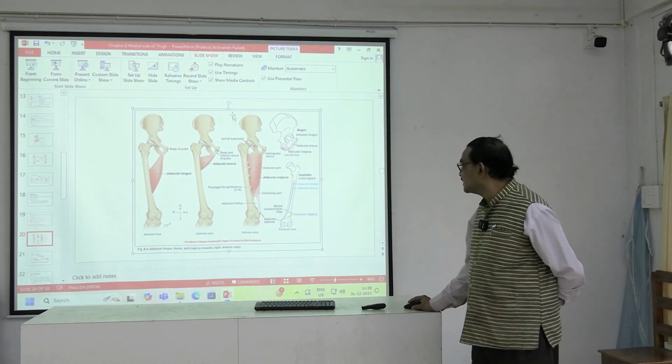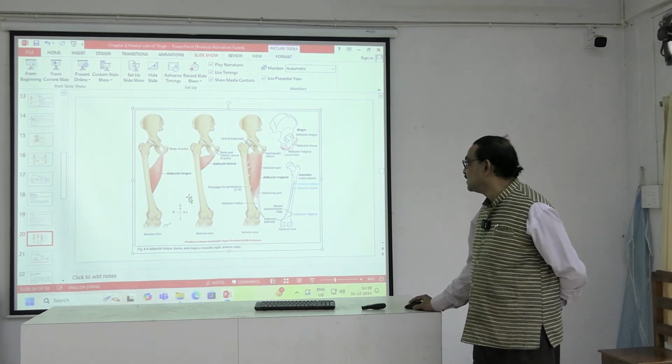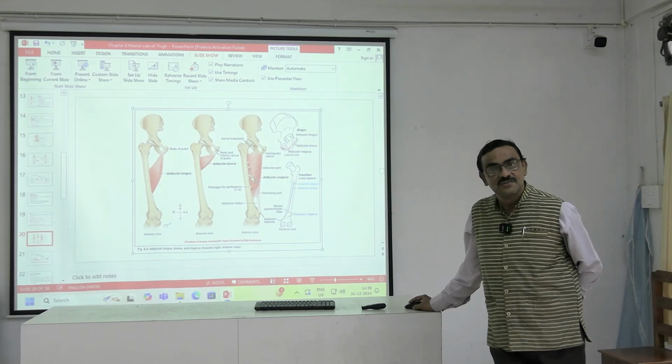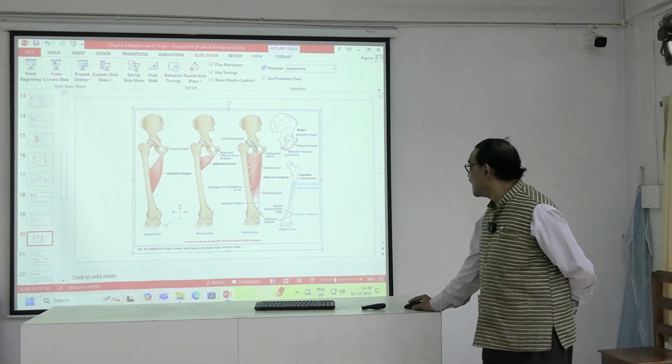If it contracts, what will happen? It will go towards the medial side. So, this is again an adductor muscle.